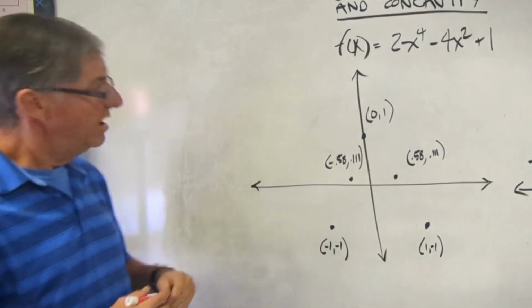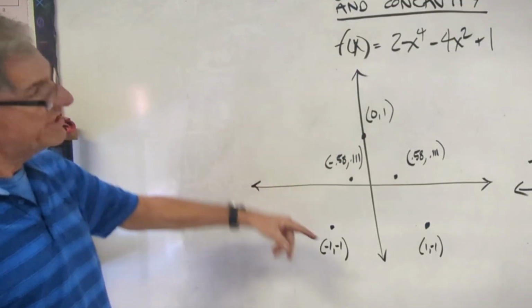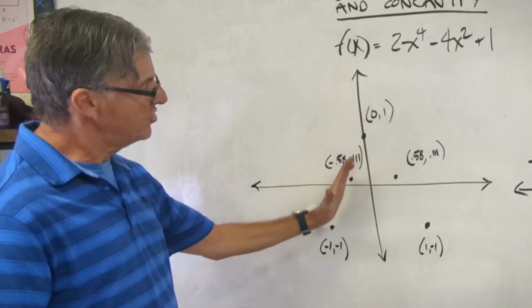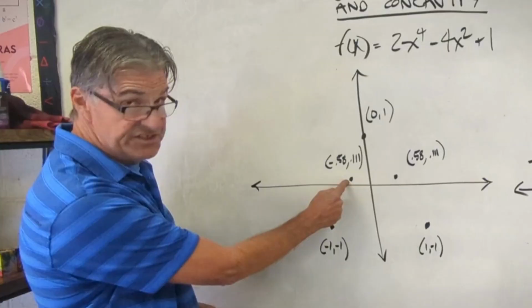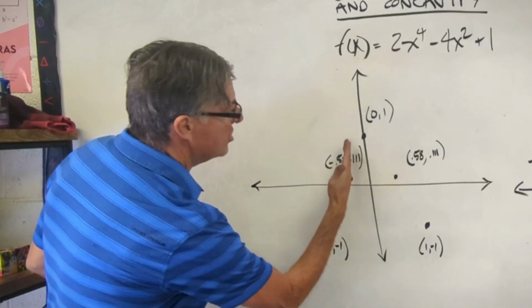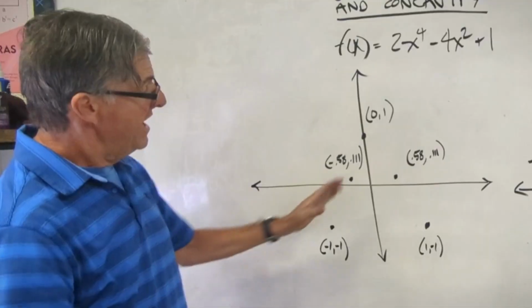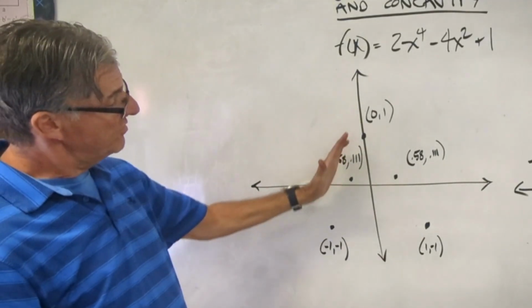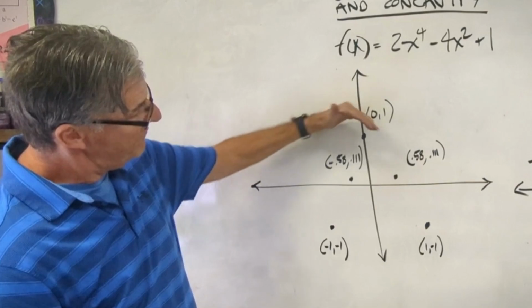Now watch me go. I know that it's decreasing all the way to -1, -1, and then it turns around to increase. And then it changes. This is an inflection point. So it's going to change from gently curving up to gently curving down there. And then this is another place where it changes from increasing to decreasing. So that's going to curve back down.